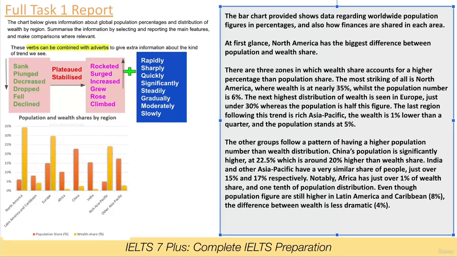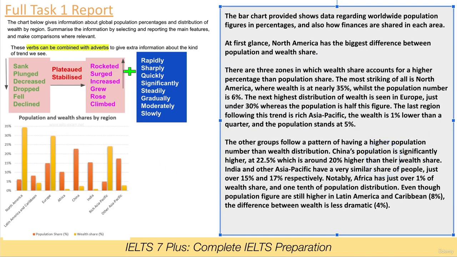The other groups follow a pattern of having a higher population number than wealth distribution. China's population is significantly higher at 22.5%, which is around 20% higher than their wealth share. India and other Asia Pacific have a very similar share of people, just over 15% and 17% respectively.